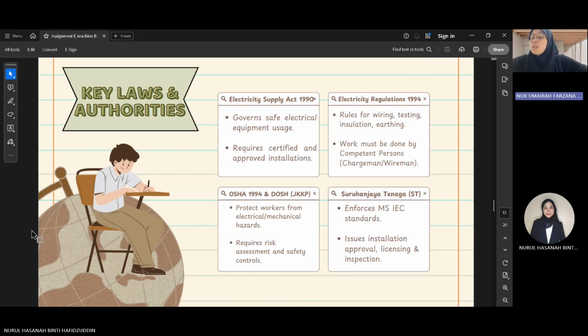The Occupational Safety and Health Act 1994 and DOSH focus on protecting workers from electrical and mechanical hazards. Suruhanjaya Tenaga enforces MS IEC standards and handles licensing, inspections, and approvals.